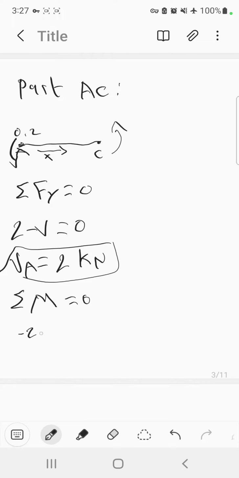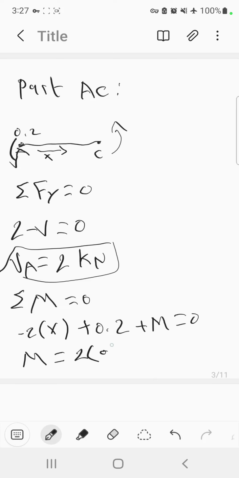It's going to be minus 2 times the distance plus 0.2 plus M equal to 0. So M equal to 2 times 0 minus 0.2, because we know Ax is equal to 0.